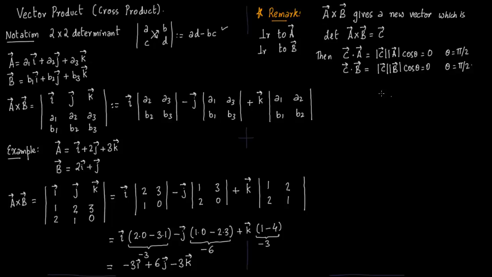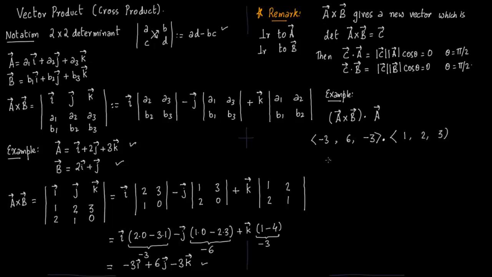So let us do an example. We have already computed A vector cross B vector. So we now just take the dot products. You are given A, B and A cross B. So A vector cross B vector dot product with A vector is equal to minus 3, 6, minus 3 for A vector cross B vector, and A vector is just 1, 2, 3.